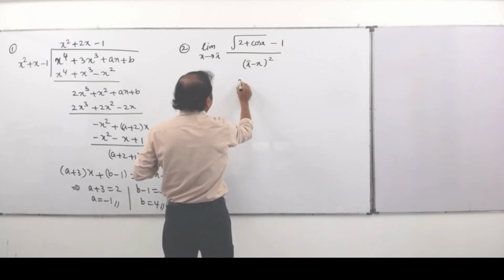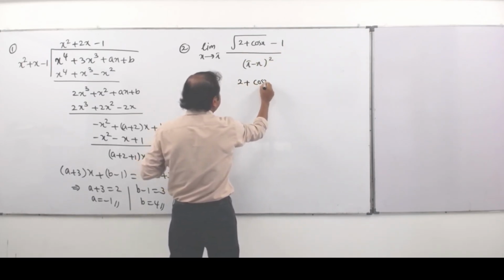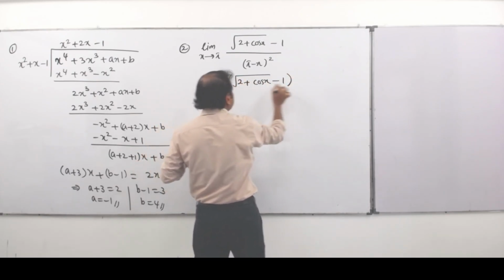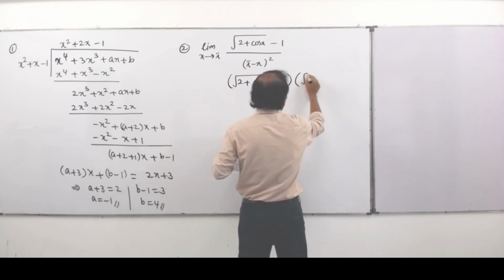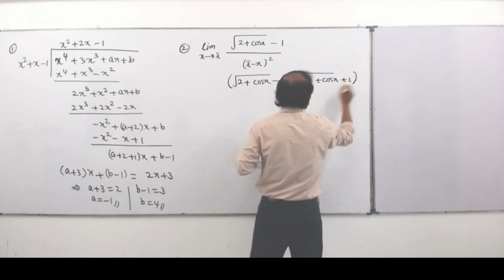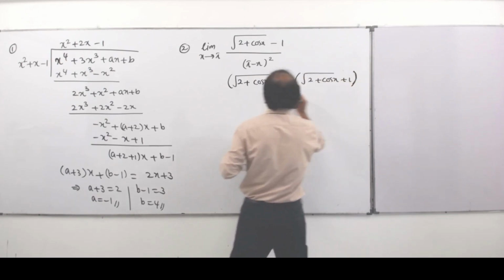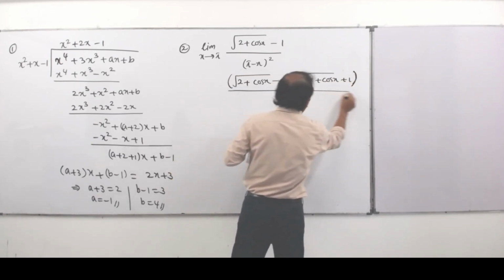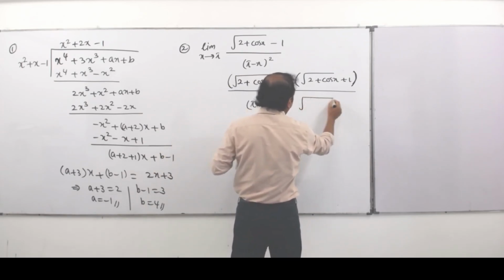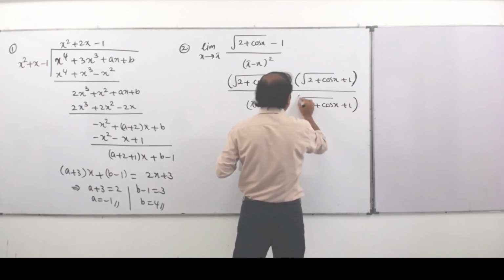I can then write this one this way: minus 1, its conjugate is this, root of (2 plus cos x) plus 1, over (pi minus x) perfect squared.